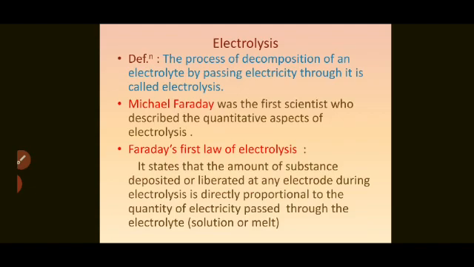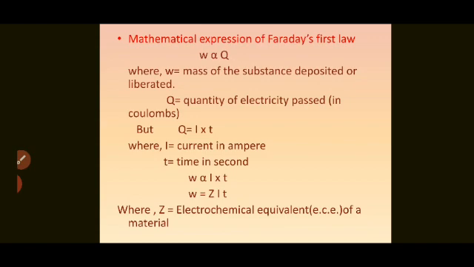Mathematically it can be expressed as W is directly proportional to Q, where W is the mass of the substance deposited or liberated, and Q is the quantity of electricity passed in coulombs, because it is a charge. But as we know, Q is equal to I into t, where I is current in ampere and t is time in seconds. So W is directly proportional to I into t.